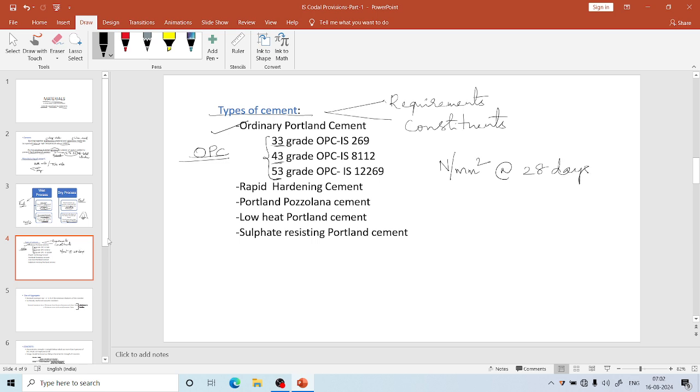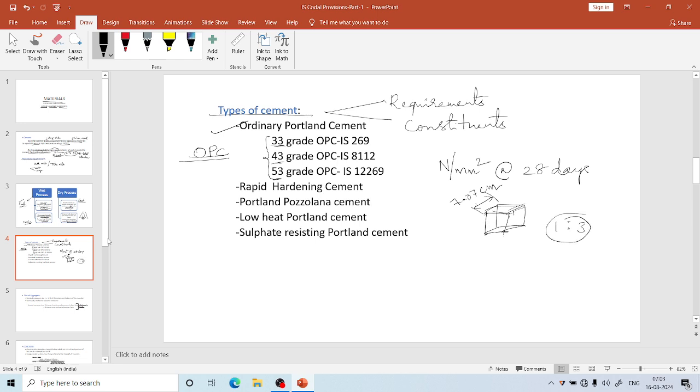Normally, how do we test cement for compressive strength? We prepare cement cubes of size 7.07 centimeters, because the surface area should be 5000 mm square. Based on the size of 70.7 mm, we make this cube. We prepare it with cement to sand ratio 1:3.